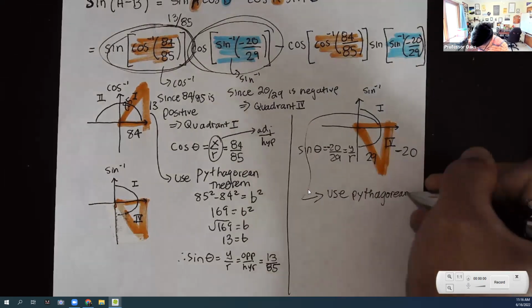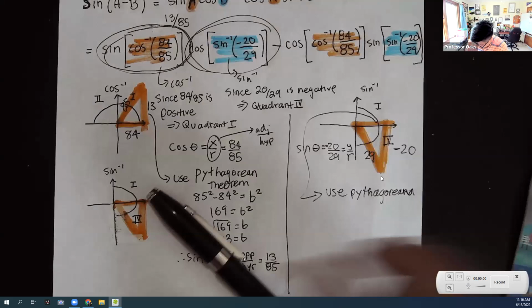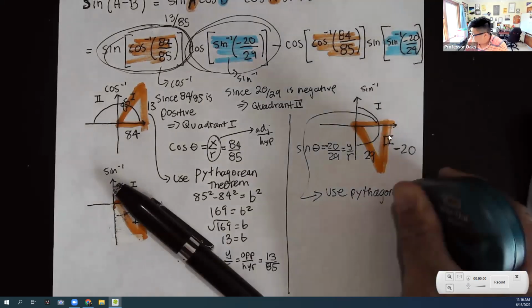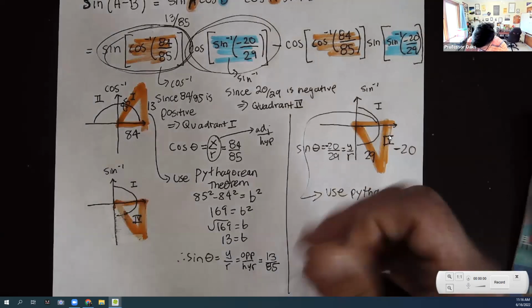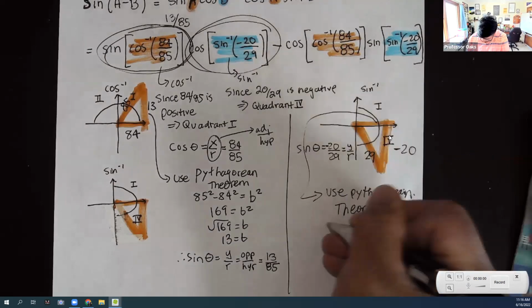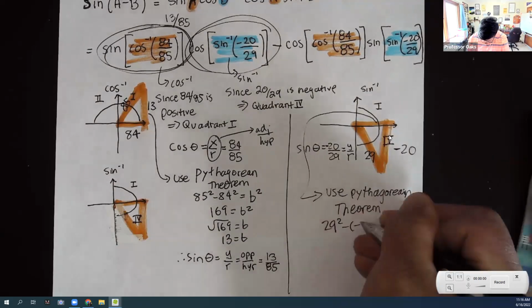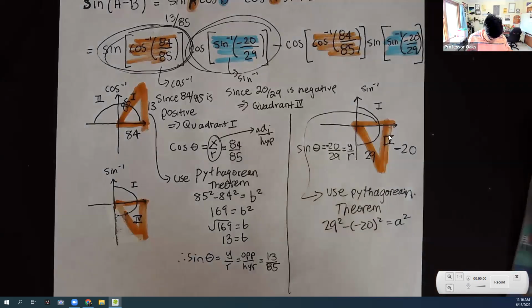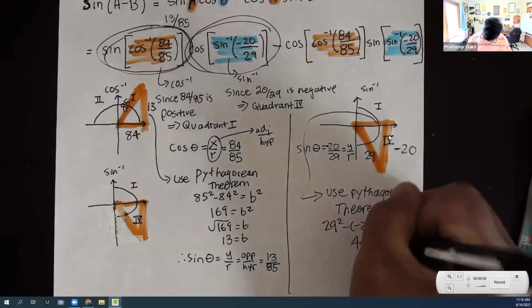So use the Pythagorean theorem. I don't know why my pen is doing this. I think the ink might be almost gone, which, oh well. So then what do you have? You have 29 squared minus negative 20 squared is, again, whatever letter you want to call it. But if you call it a squared, then that will end up being 441, which is a squared.